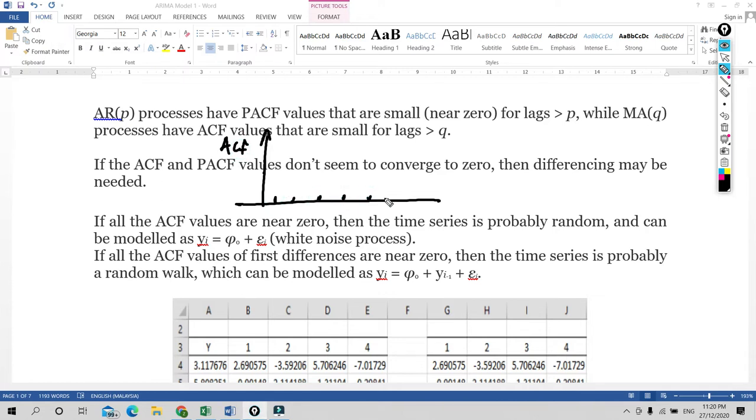This is known as a white noise process, or y sub i is equal to phi sub 0 plus epsilon i.